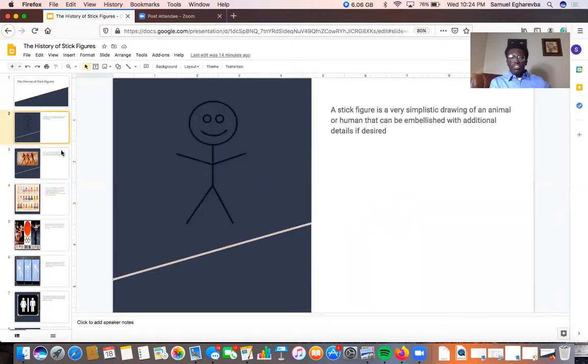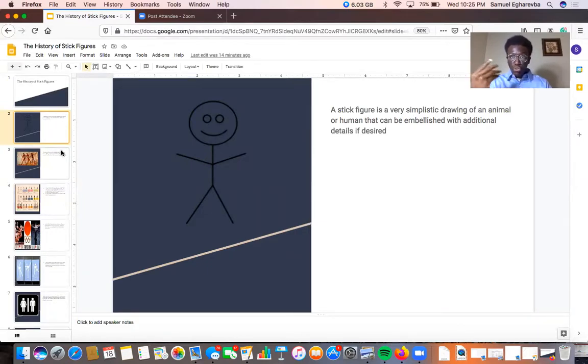The stick figure is very simplistic in its drawing, and it can be an animal or a human of any type. Again, it usually just consists of two legs and two arms, a neck, and a body.